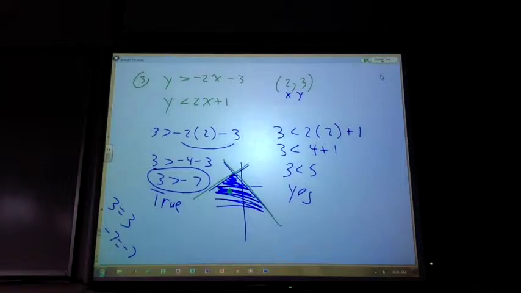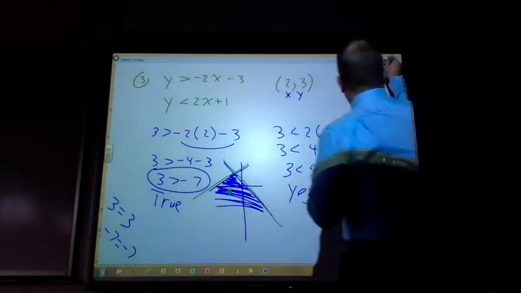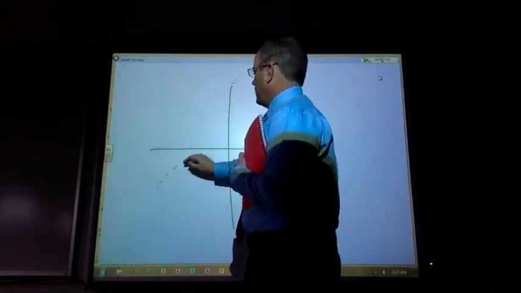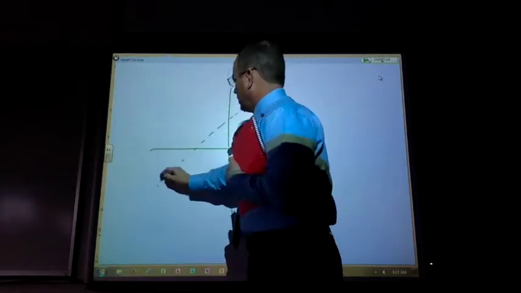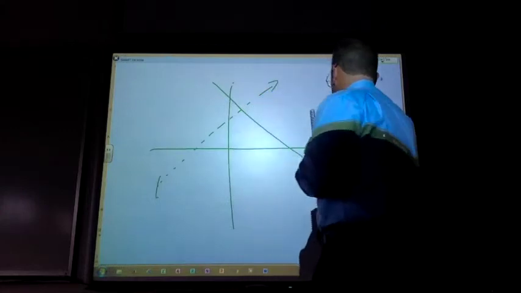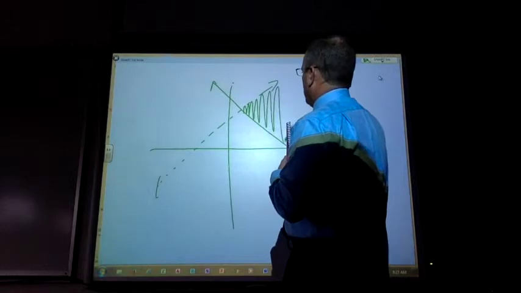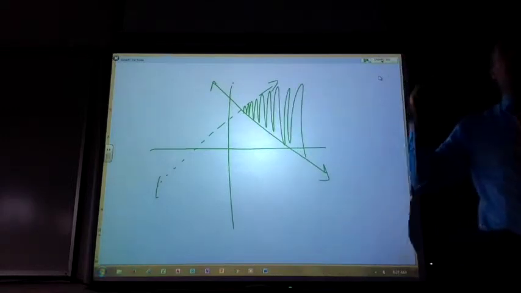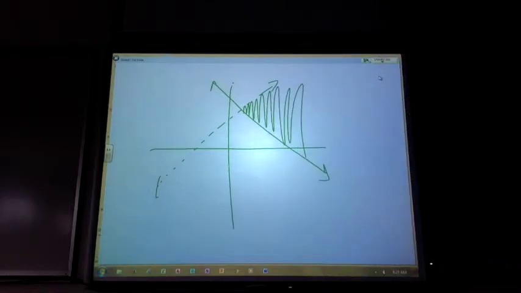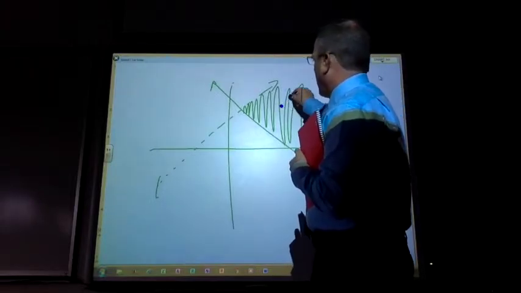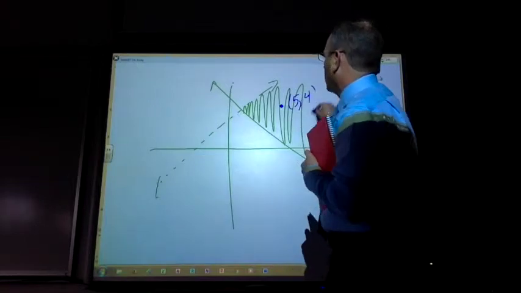Wait, so isn't inequality like the dot falls not on the line? So let's say I had drawn this and this, and I have shown that any of the points that I pick over in this region give me a true statement. Like, so let's say I had this point right here, I don't know, 5, 4.